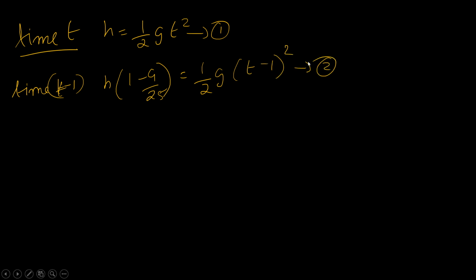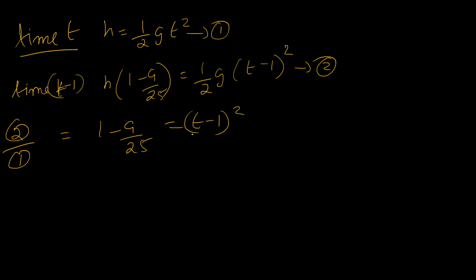Now we are going to divide equation 2 by equation number 1, so that we can cancel out many things. This gives 1 minus 9 by 25 equal to t minus 1 the whole square by t square. Simplifying, 25 minus 9 is 16, so 16 by 25 is equal to t minus 1 the whole square by t square.